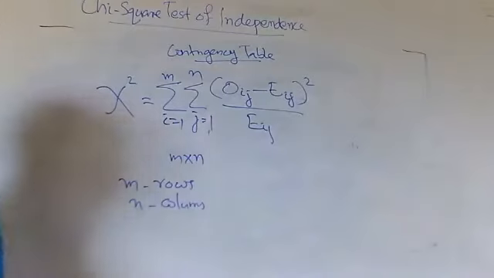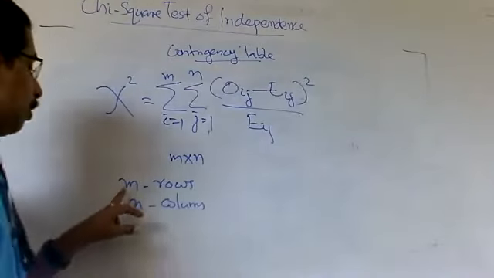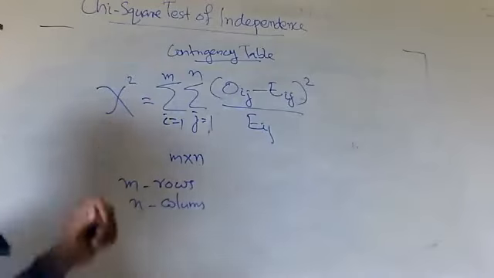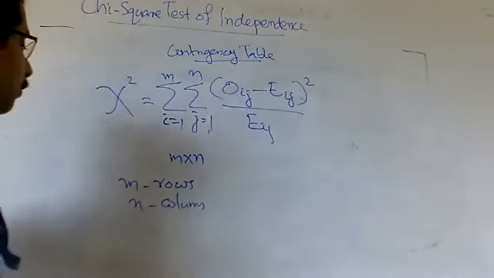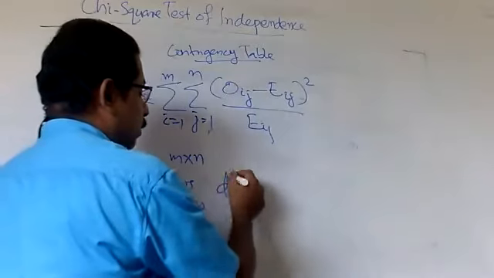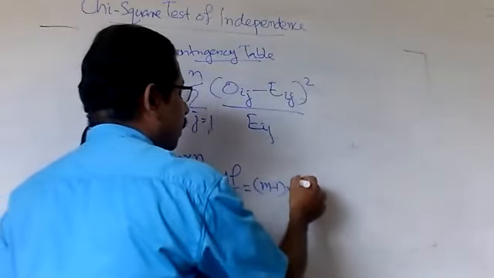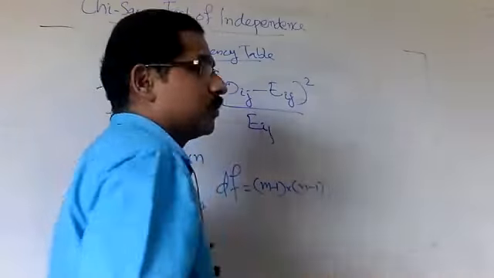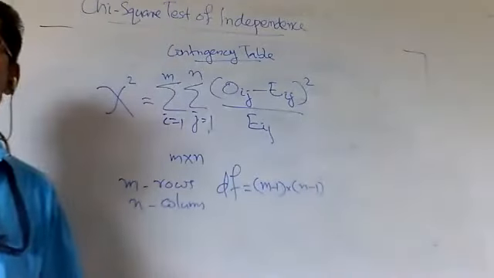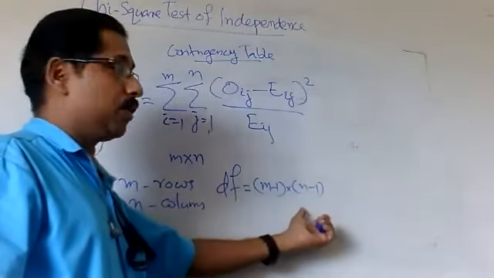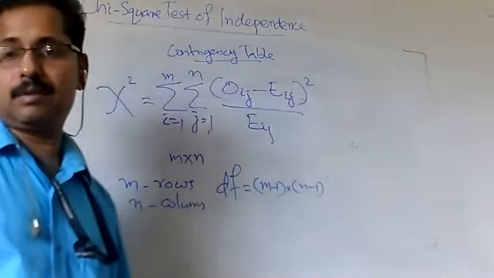To get the degrees of freedom for this m into n contingency table, we use this technique: degrees of freedom is equal to m minus 1 into n minus 1. It's a simple technique: minus 1 from the number of rows and minus 1 from the number of columns, then multiply.